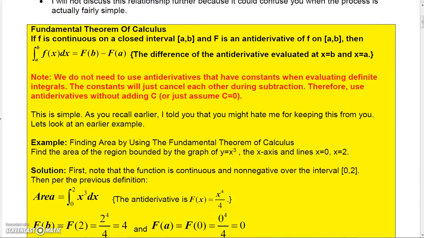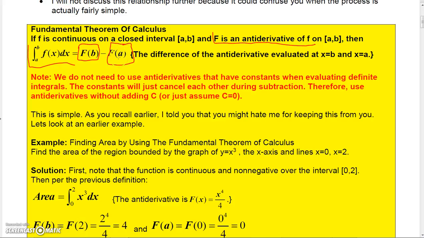Okay, so the fundamental theorem of calculus says if f is continuous on a closed interval from a to b, and F is an antiderivative of little f, any antiderivative, then we can say that the definite integral from a to b of f of x dx is simply the antiderivative evaluated at b minus the antiderivative evaluated at a.